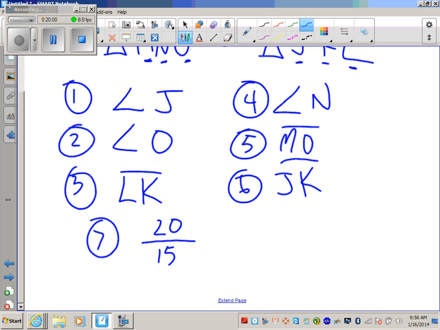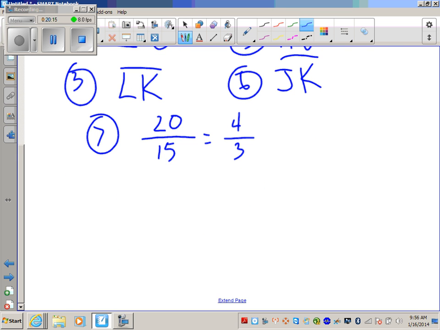That's the ratio they're working with. Simplify it. So they're working at a 4:3 ratio. Test the other sides. See if they're working at a 4:3 ratio. So if we have MN, which measured out at 32, I'm going to put that 32 over what corresponding side in the other triangle? 24.